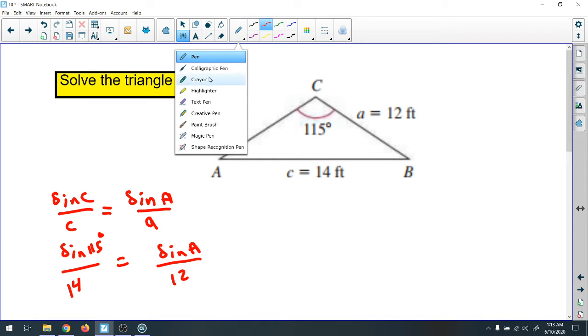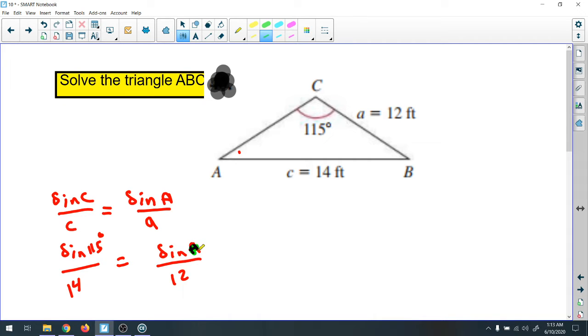So my target is to find angle A. We can multiply 12 times sine of 115 divided by 14. So sine of A equals 12 times sine 115 divided by 14.